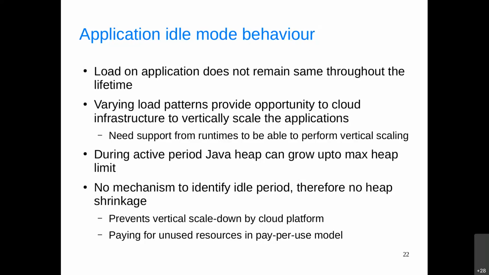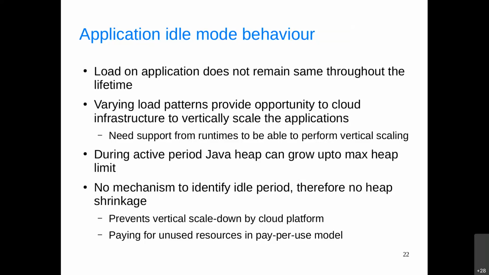But for these cloud platforms to be able to vertically scale the applications, they also need support from the underlying runtimes which are actually running the applications, because the underlying runtime has to identify the change in the state of the load. It has to know when the application has gone from active to idle state, so that it can release the resources.